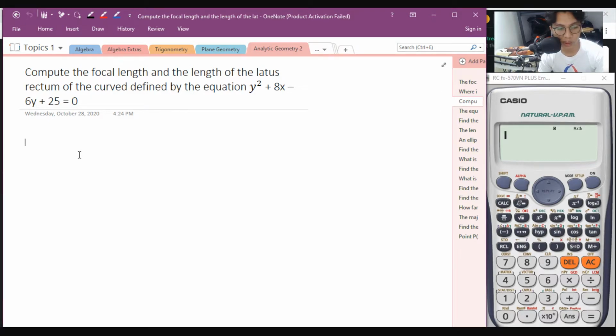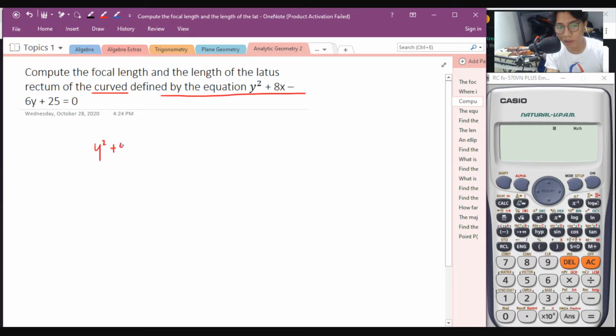Compute the focal length of the latus rectum of the curve defined by the equation. Hindi natin alam. Y squared plus 8x minus 6y plus 25. Alam mo ba kagad kung ano to? Ano ba yung may latus rectum?